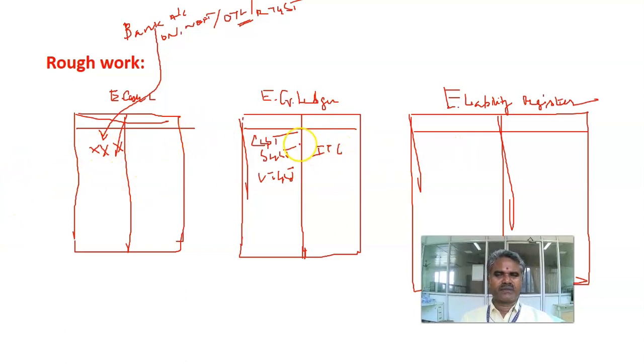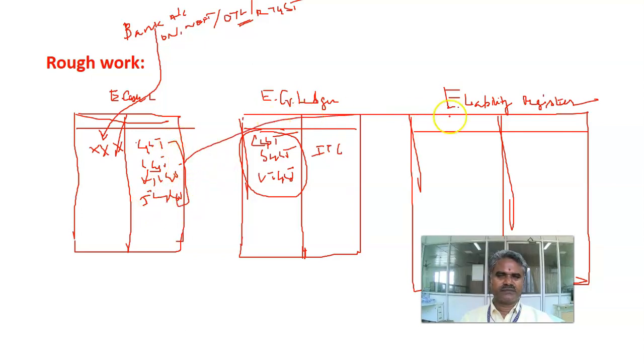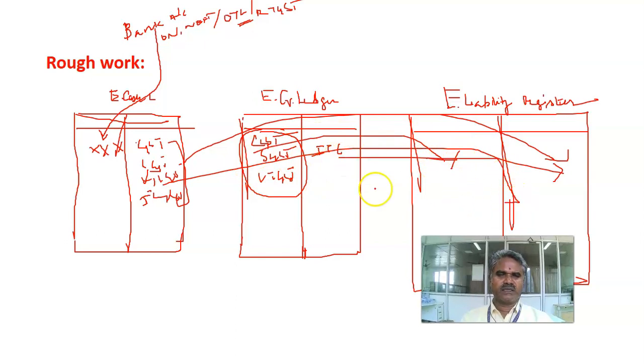You have to pay all of them from your bank account: CGST, SGST, UTGST and IGST. Everything should be paid. It should be in the electronic credit ledger, adjusted here, and the balance will be paid.